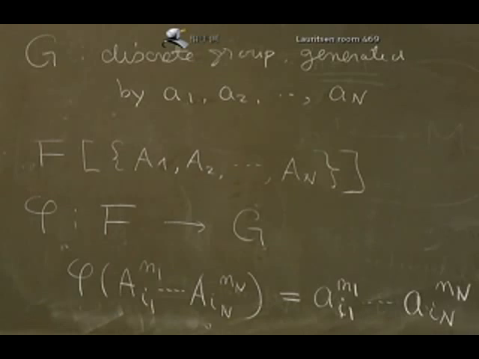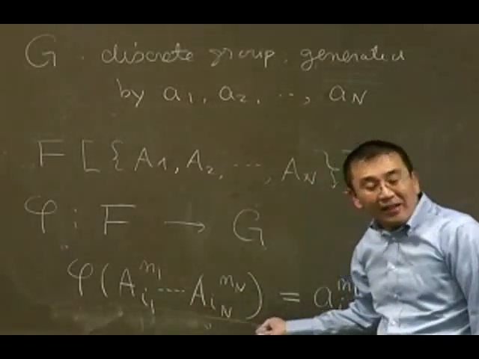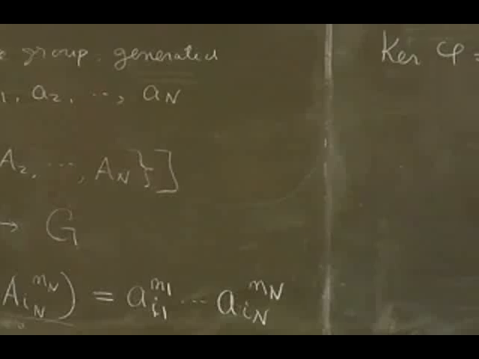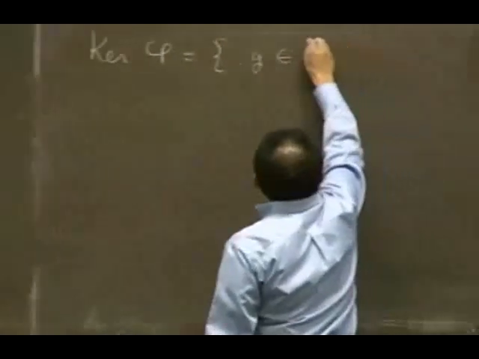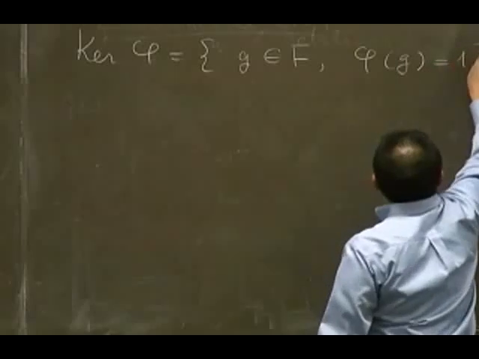In particular, non-trivial words here may be mapped to the identity here. That is to say that there might be a kernel. The kernel is the set of elements of this free group such that phi of g is the identity.